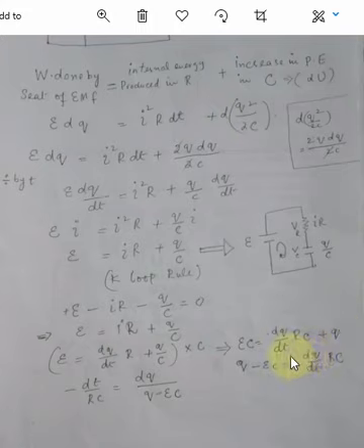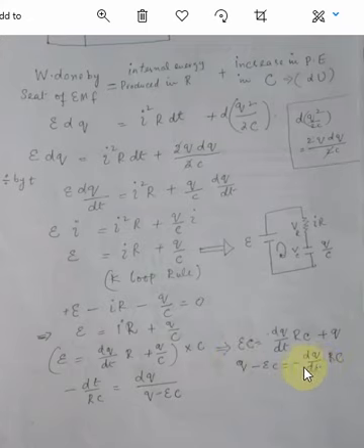Next, we will move this EC over here to get Q minus EC, and this term is brought to the other side of the equation. It will become negative minus dq by dt RC. Now the next step is to bring this RC to this side and dt to the other side.